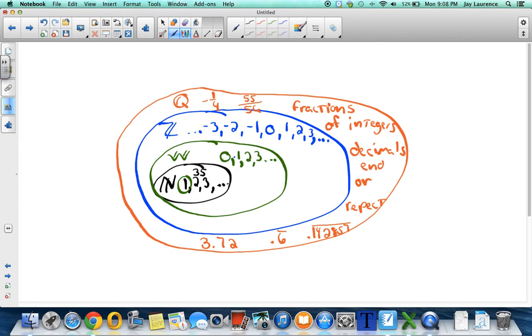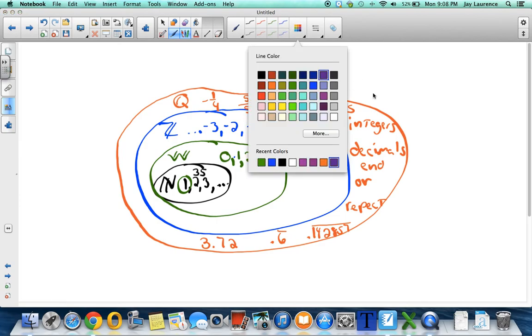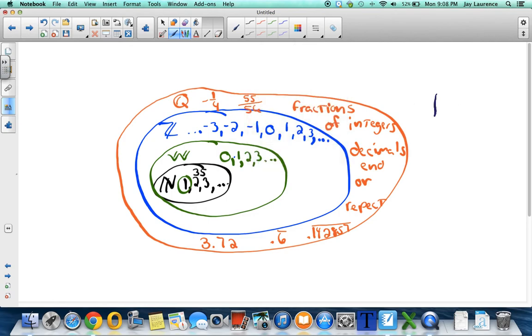Now, the irrationals, which I think I did in purple, have their own oval over here by themselves because they don't fit.